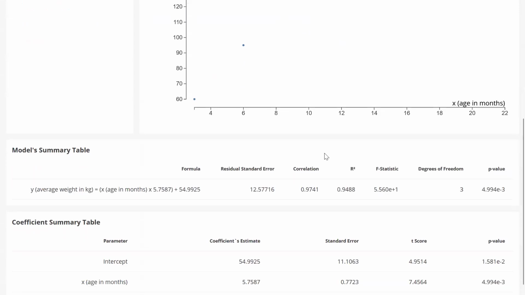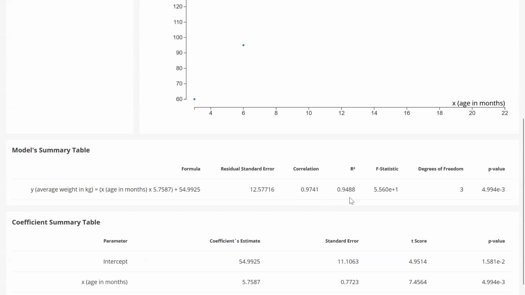Then you come here to your correlation. I've got 0.9741, which is close to 1. It's close enough to 1. So I say that this is a strong positive correlation because of the value.